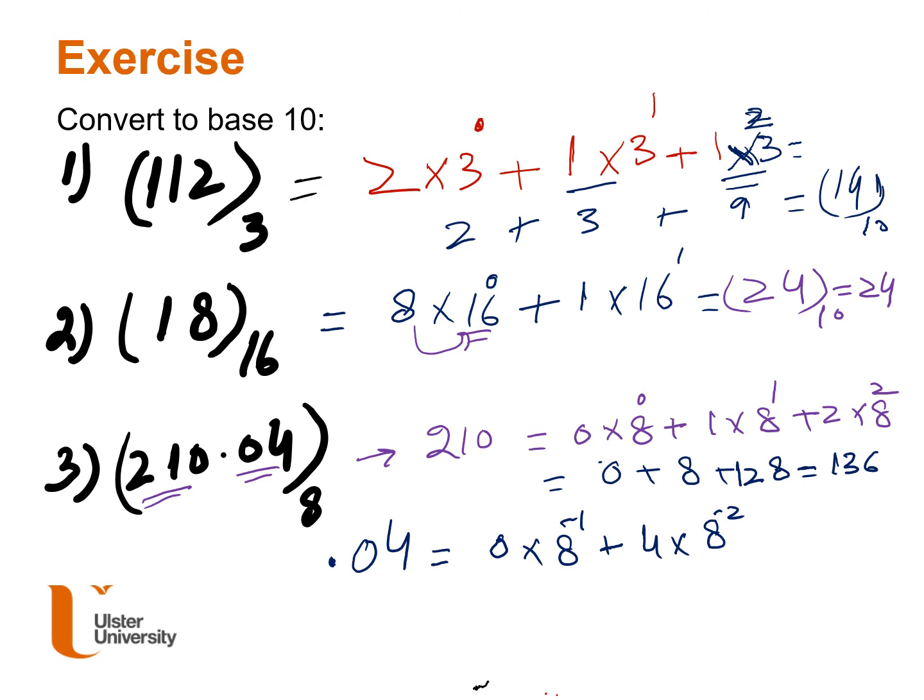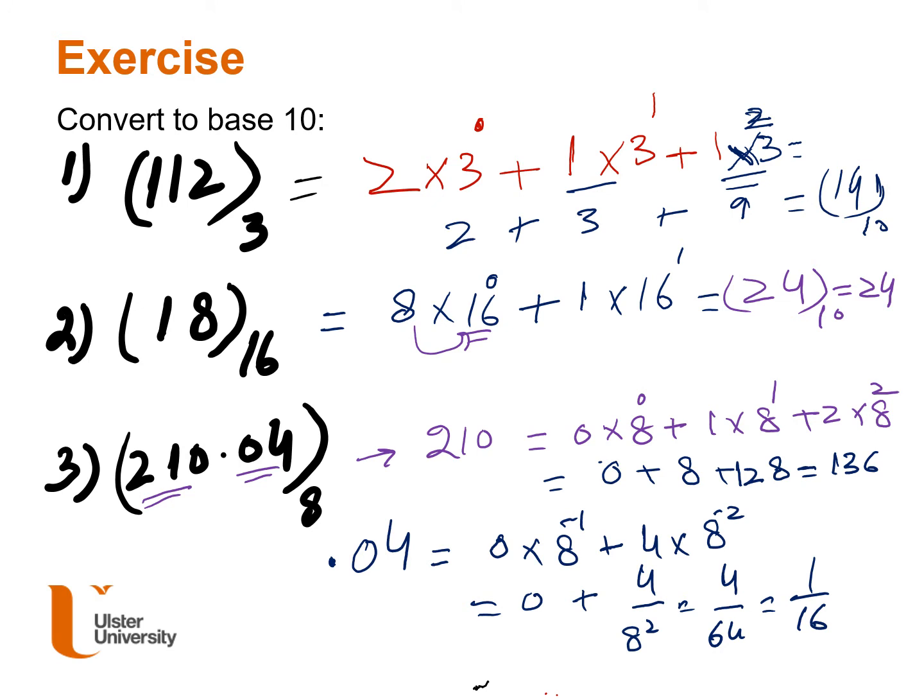Once we simplify, 0 multiplied by a to the power minus 1 is 0, and plus 4 over a to the power 2, it would be 4 over 64 or 1 over 16.